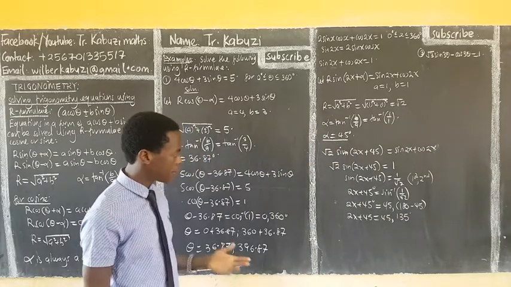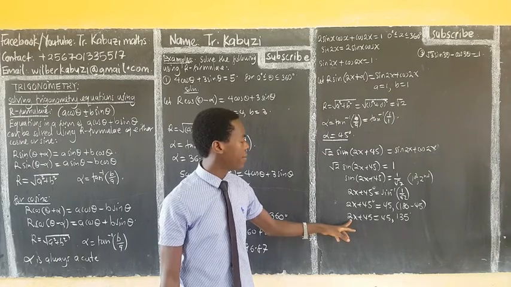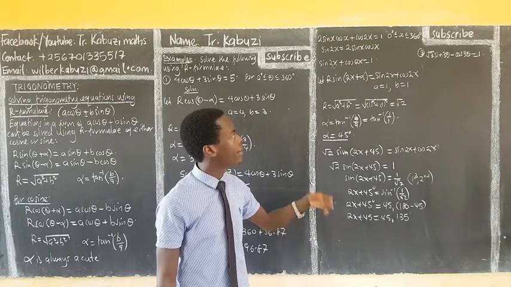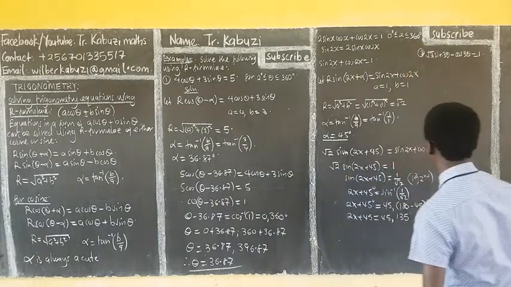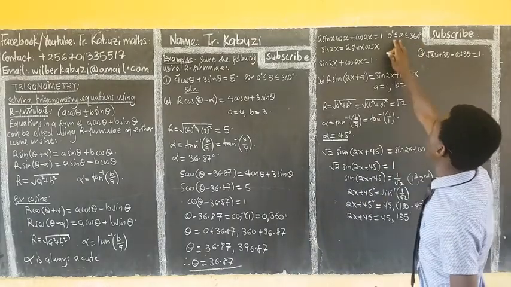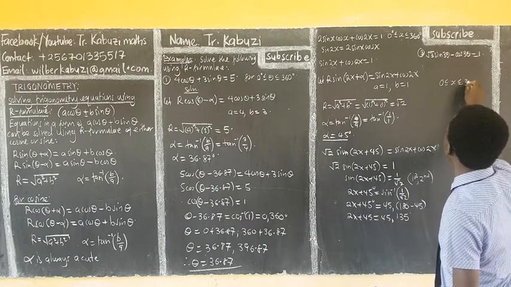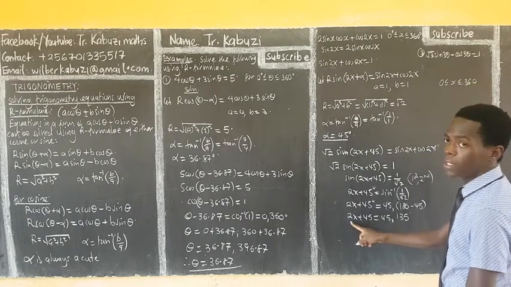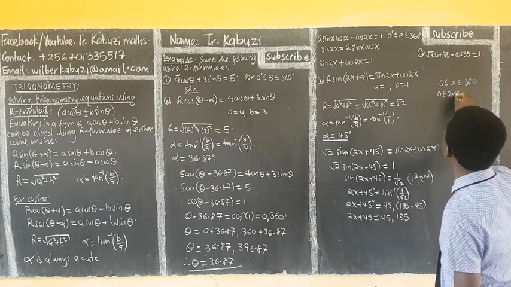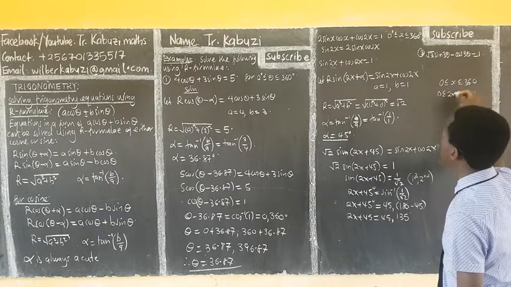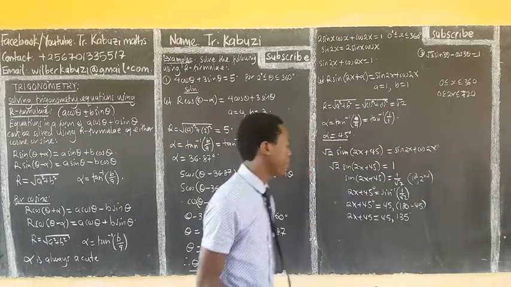Now, you see that this angle is being multiplied by 2, meaning that we also have to correct our range there. The range is 0 less than or equal to x less than or equal to 360, and since the angle is multiplied by 2, this will be 0 less than or equal to 2x less than or equal to 720. So I'm going to be going for the second time.